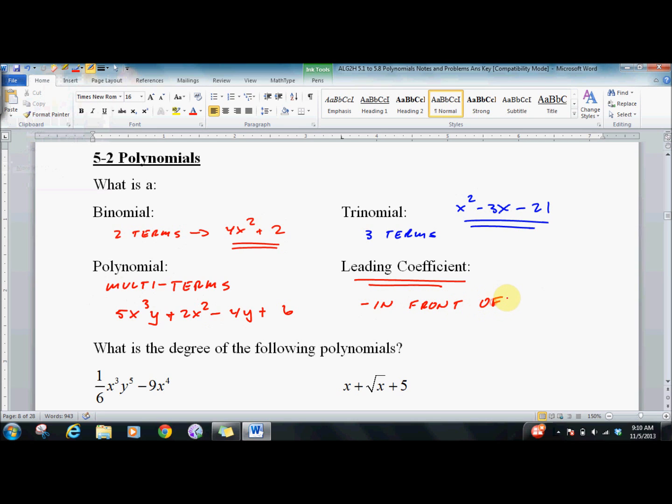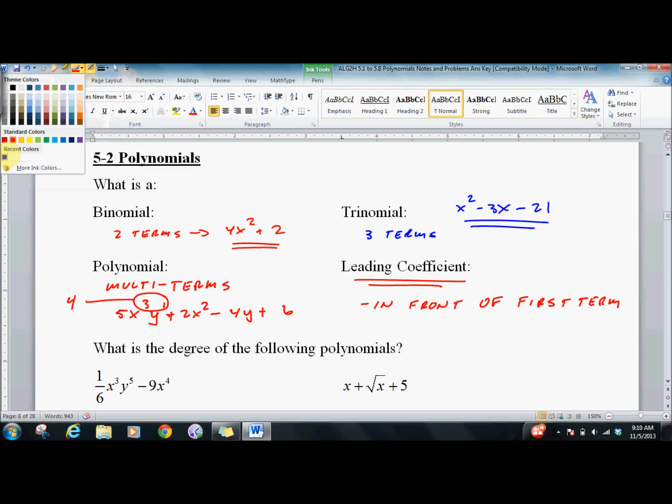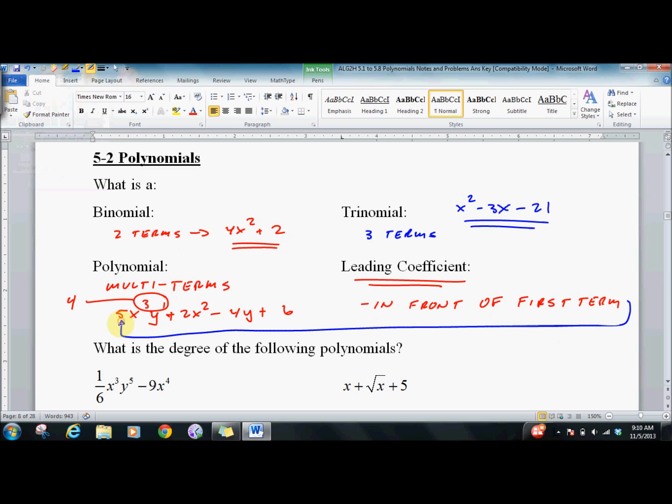And the first term has the largest degree. So that's why this is here. It's got a degree of 4. That's the largest term. So it's in front of the first term. And we do this because when we graph things, we talk about, oh, the leading coefficient is negative, it'll start down. It's positive, it'll start up. So for example, here it would be 5.